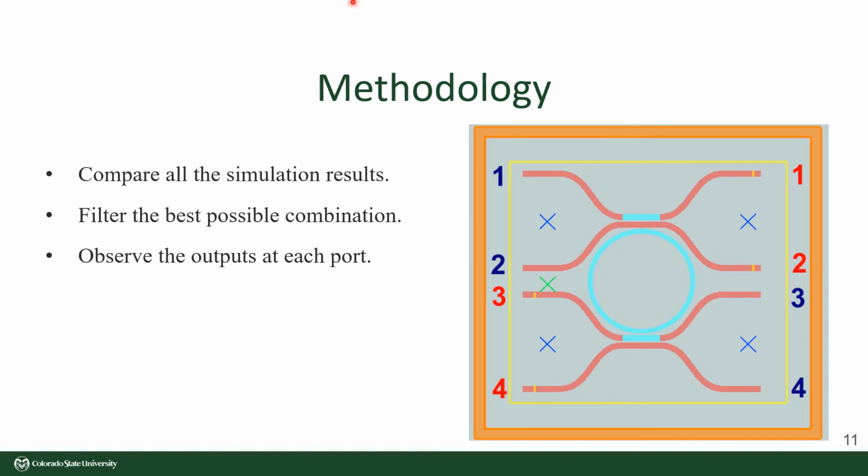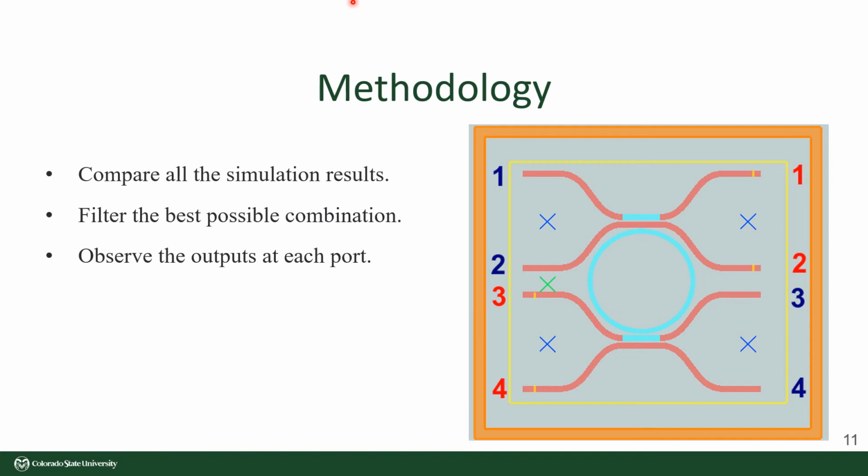To get the optical signal from input port 1 to output port 3 and 4, we have to change the refractive index of the ring and the material which is right below the ring, which is in the blue color. Once we change the refractive index of the ring, the light from input 1 will not go into output 1 or 2, and it will start going into the ring.